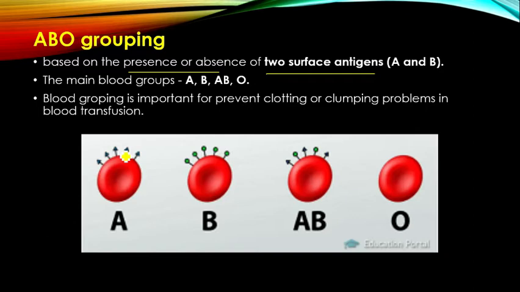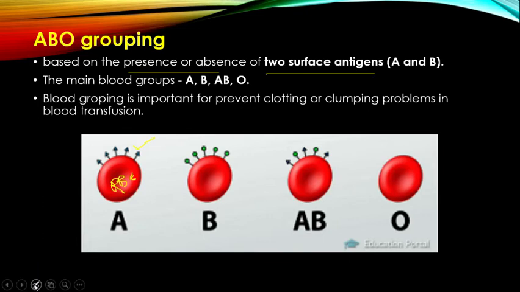The surface antigens which are responsible for the formation of ABO blood grouping are present on RBC. This is RBC. RBC means red blood cell or erythrocyte. On the surface of RBC, we can see the antigens.